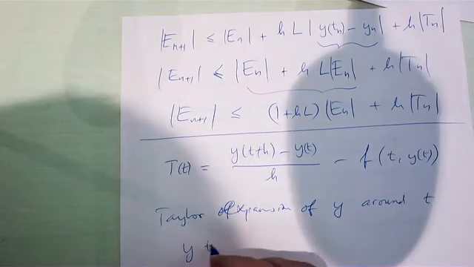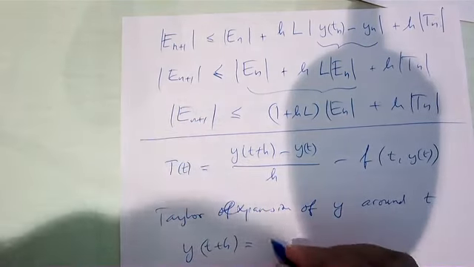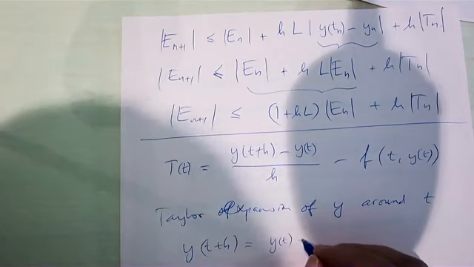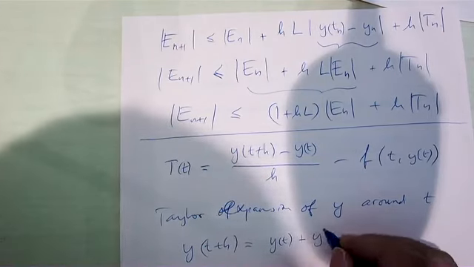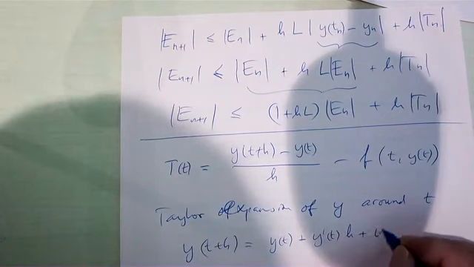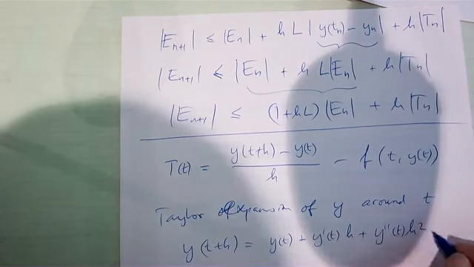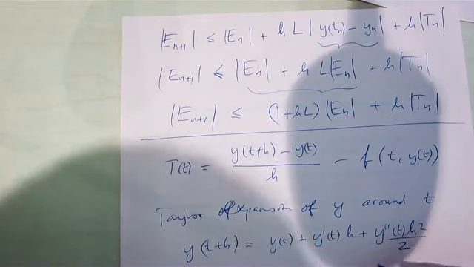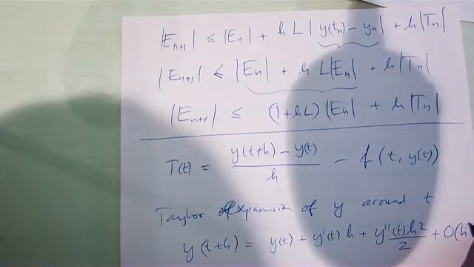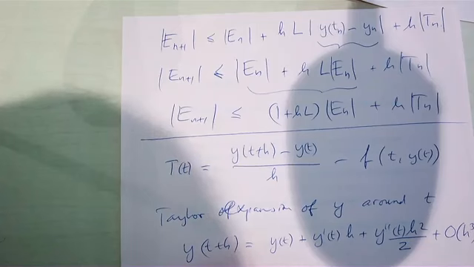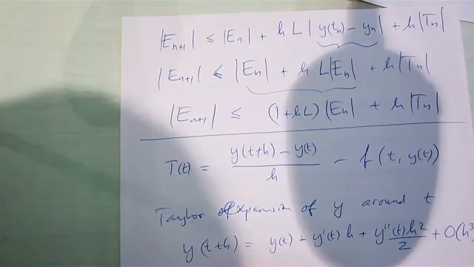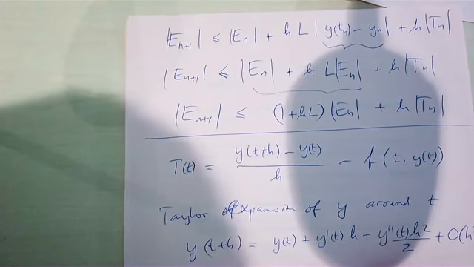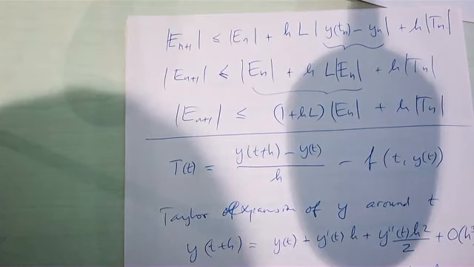Then y(t+h) is equal to y(t) plus y'(t) h plus y''(t) h squared divided by 2 plus some higher order terms. We don't have to worry about those. Therefore (y(t+h) - y(t))/h is equal to y'(t) plus y''(t) h over 2 plus O(h squared), right?